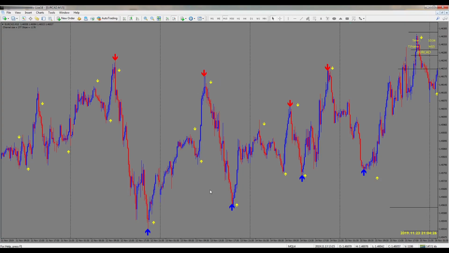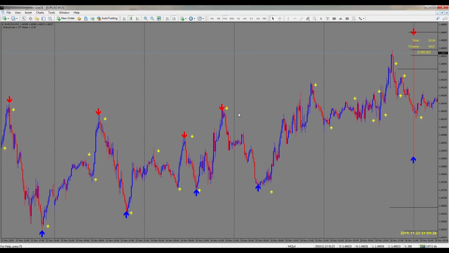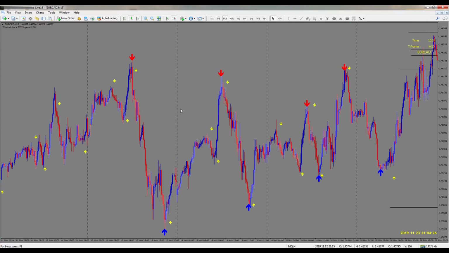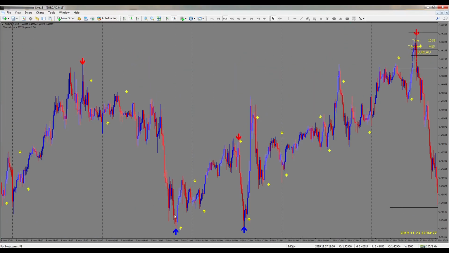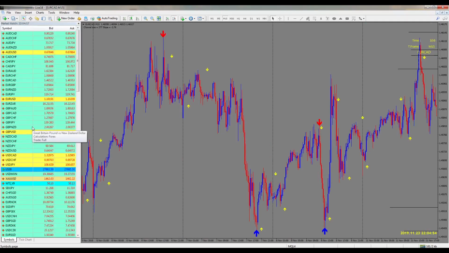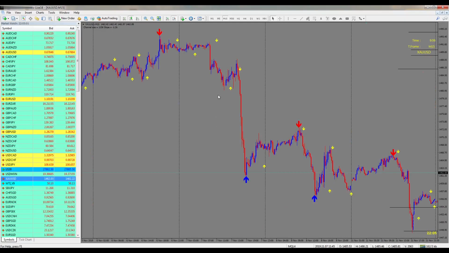And yes, lots of examples, guys. As you can see here, big arrow, little arrow, drop. I'm showing you guys, and it works on any chart. Let's take another chart, let's go to the gold, 15-minute gold.